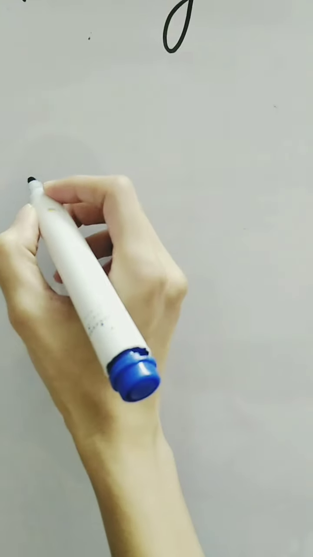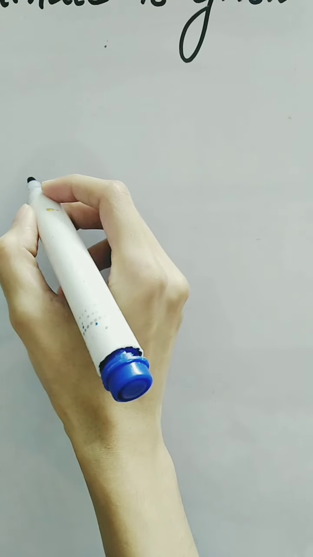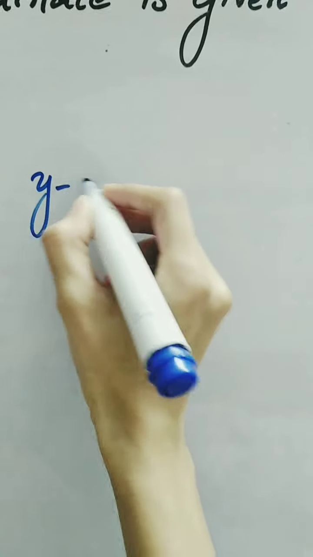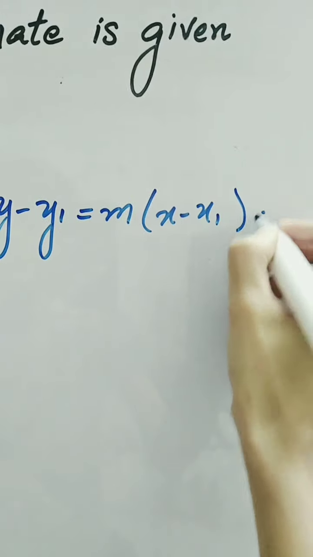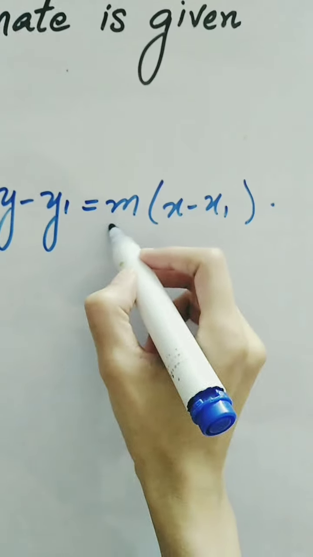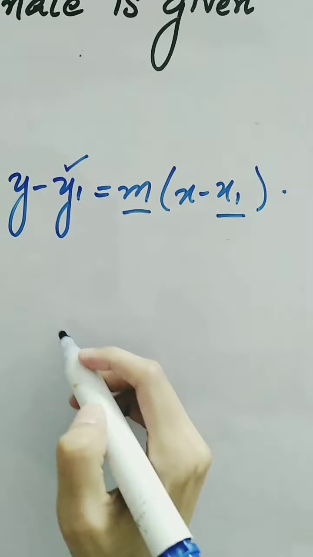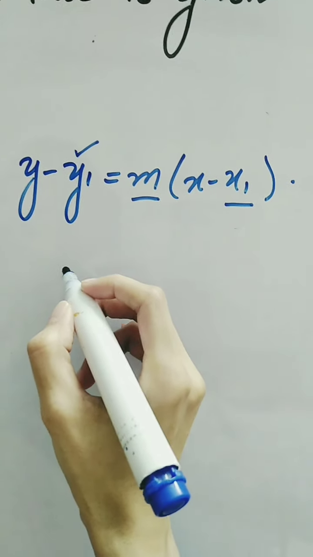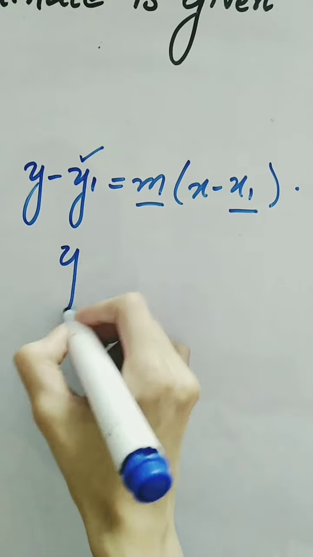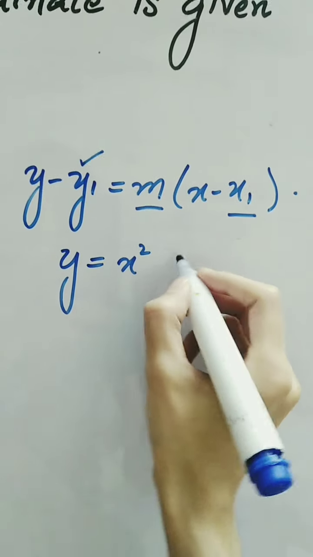We have an equation, which is y minus y1 equals m, which is the gradient, times bracket x minus x1. Here we have a value of gradient and x1, but we don't have a value of y1. But we can easily find the value of y1 as x is given as -2.